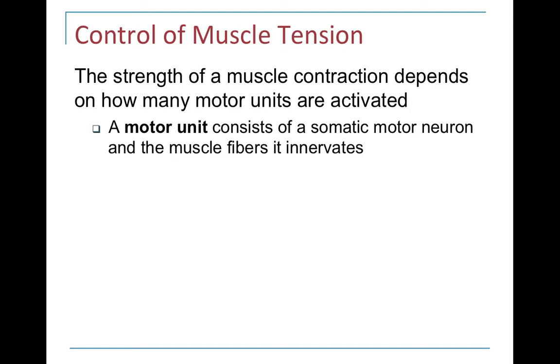If we activate only a few motor units, then generally we'll produce a weak muscle contraction. Whereas if we activate many motor units, we will generally be able to produce a strong muscle contraction. Each motor unit has an average of about 150 fibers that will be innervated by the motor neuron.